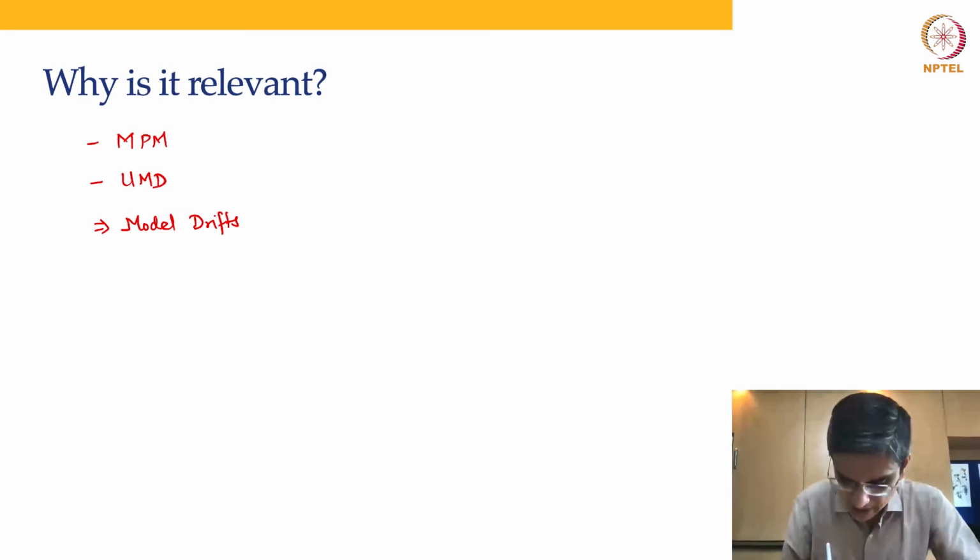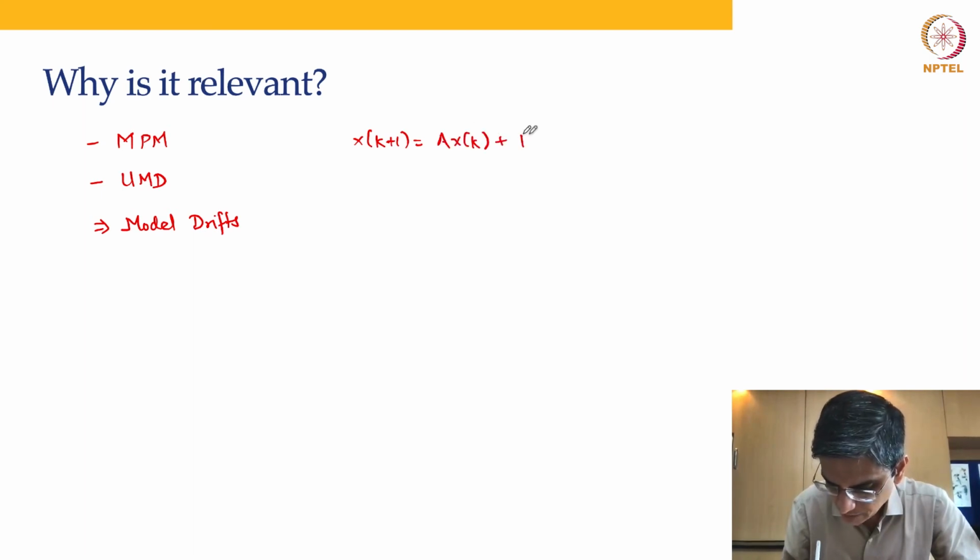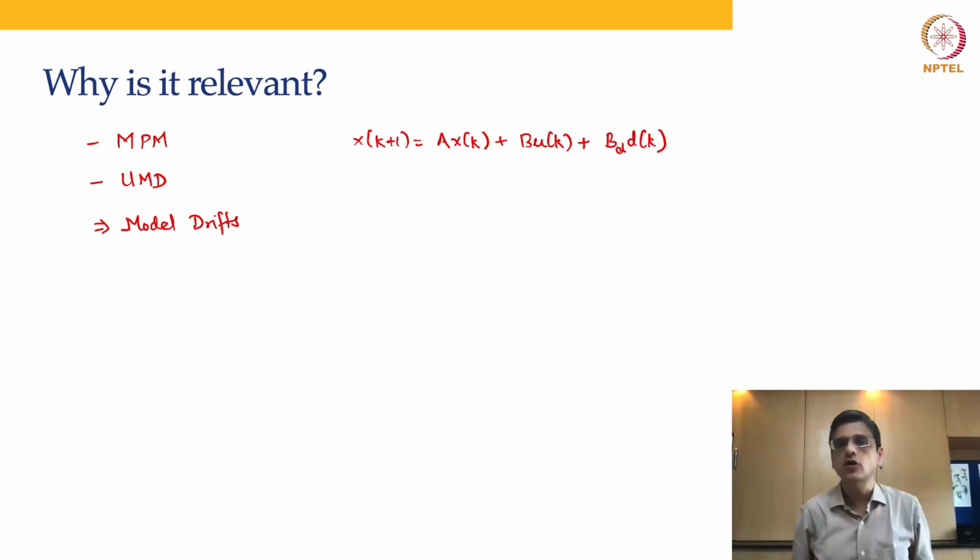So what we mean by that is when you say x(k+1) = A x(k) + B u(k) + B_d d(k). Okay, I'm only talking about the known part of the model right now, but of course it's also valid for the B_e or D_e part of the model and also for the matrix C. The problem is that A, B, B_d may not be accurately known.